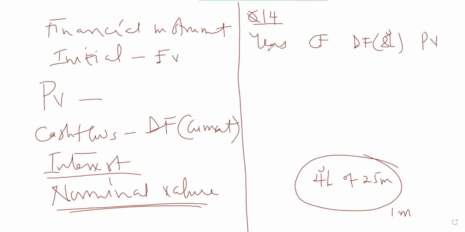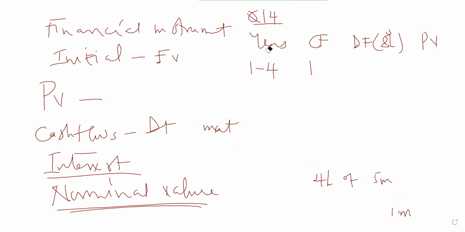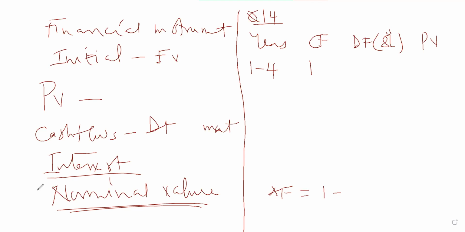We can do it one by one, or we can do it for the 4 years. So from year 1 to 4, I'll be receiving 1 million. So I will now find the annuity factor at 8% for 4 years. Those of you that are not familiar with financial management, this is how we find the annuity factor. It is calculated as 1 minus (1 plus R) exponent negative n, divided by R, where R is the discount rate and n is the number of years.